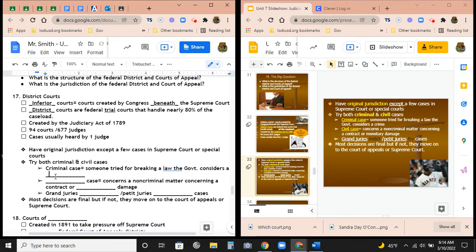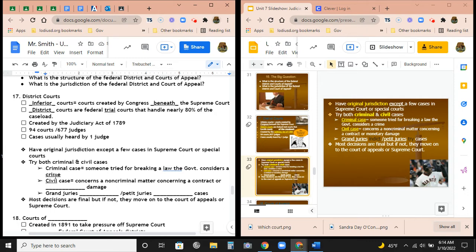But if it is a crime involved, then it's a criminal case, meaning someone can end up in jail, fined, or otherwise punished. Usually, actually, prison, not jail. Civil case is usually an issue over a right or money. That's the main thing with civil case.